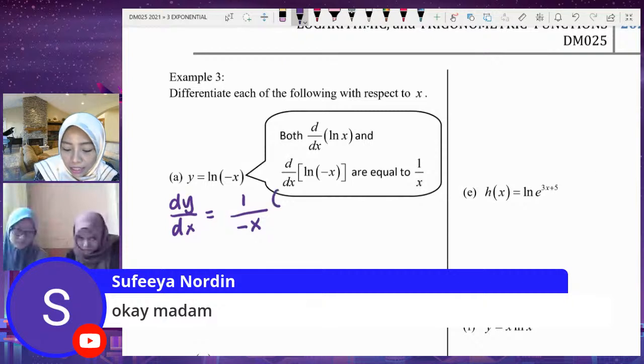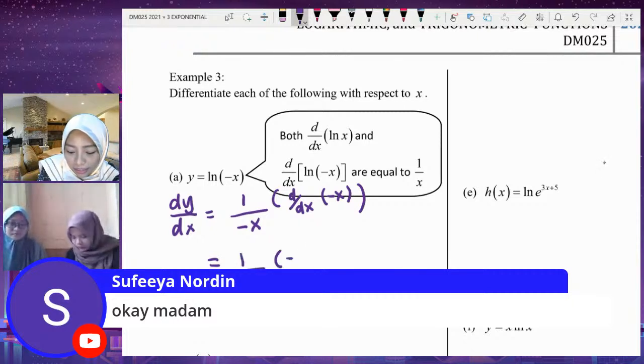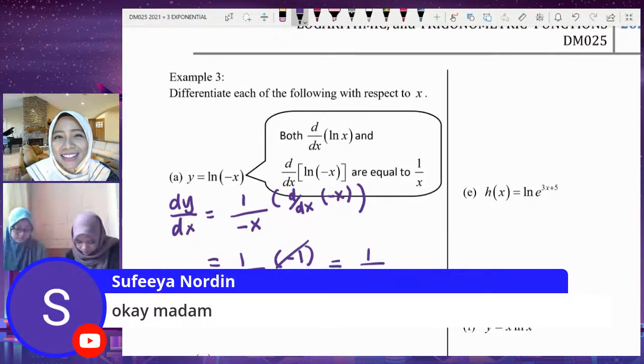And then multiplying with the differentiation of the function. When I say the differentiation of the function, this is negative x. The differentiation of the function of negative x is negative 1. Right? So negative, positive. So your answer will be 1 over x.